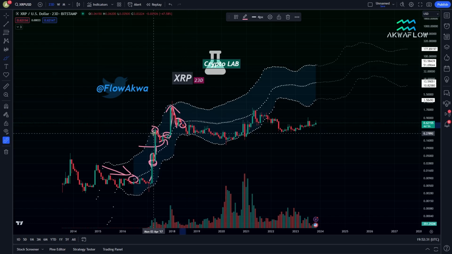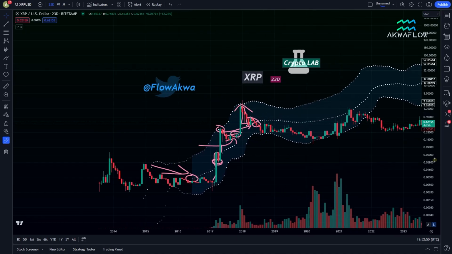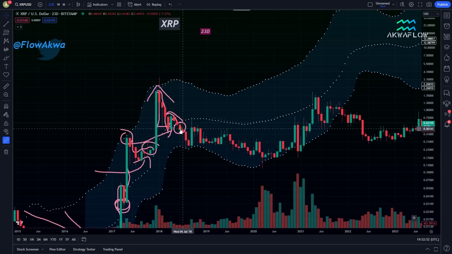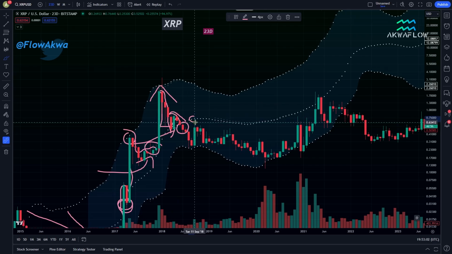And starting from this candle, we used the middle line as a resistance. You can see it just right here. If we zoom in, you see that with this candle, we touched the middle line, but as a resistance this time. And we got rejected to the downside.